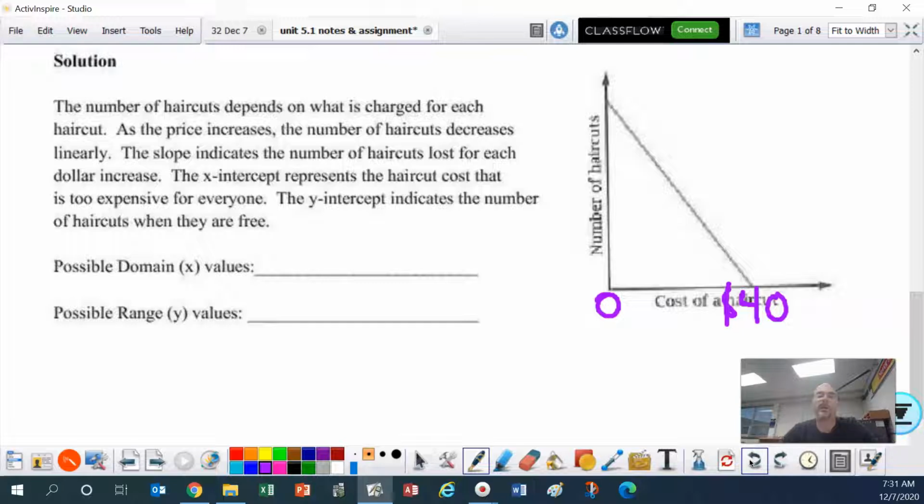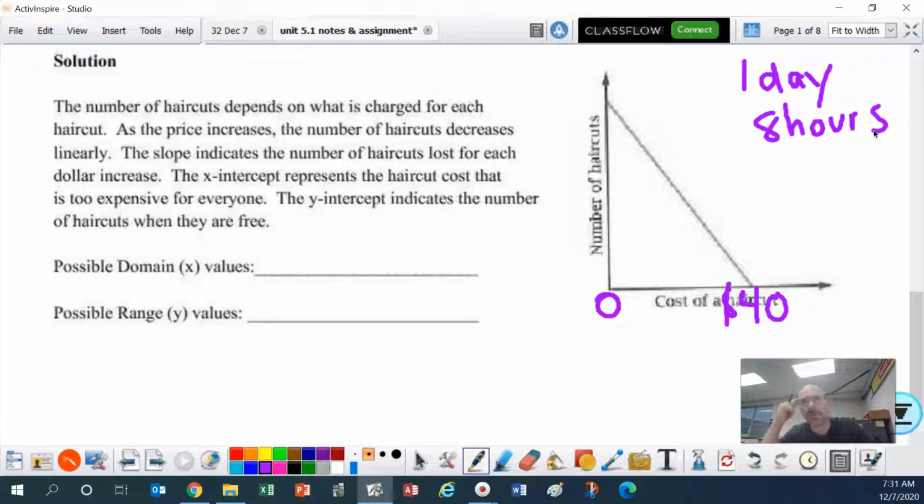Well, let's just do this in a 1-day period. One day, so this person cuts hair for 8 hours. What is a reasonable number of haircuts that a person can do in 1 hour?